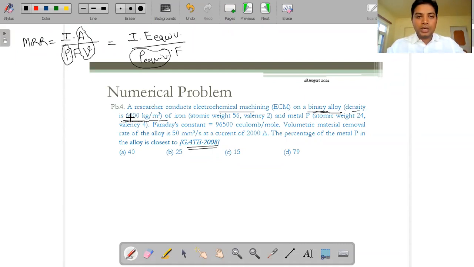So the value of rho equivalent will be equal to 6,000 kg per meter cube. Okay, guys. So this is the meaning.